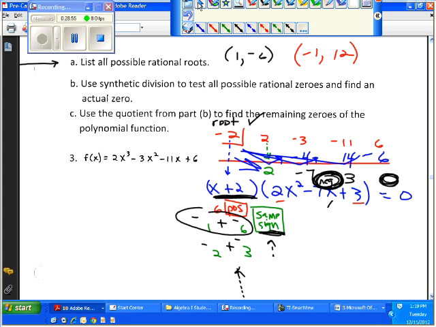-1 and -6. So we're going to split the middle term into those 2 pieces. We change the -7x into -x minus 6x. So we have 2x squared minus x minus 6x plus 3 equals 0.